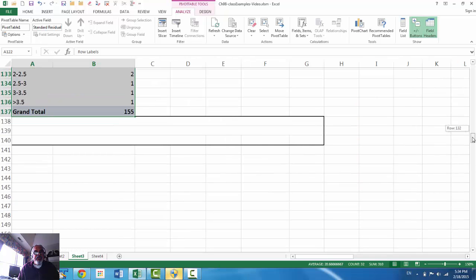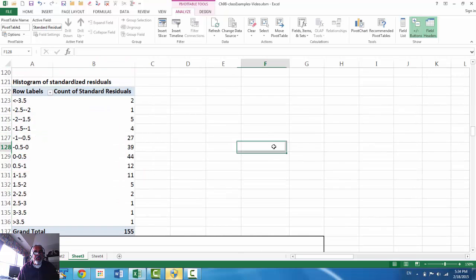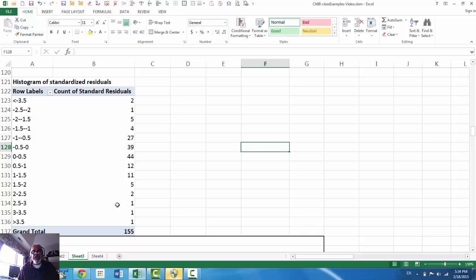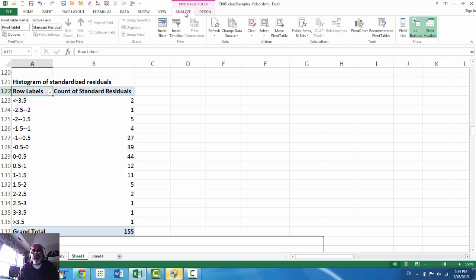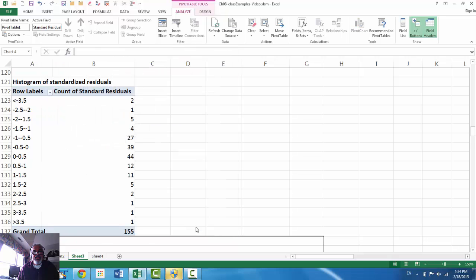So now we have the frequency distribution. Now what we want is a histogram. Select the pivot table, go to Analyze, go to PivotChart, and you have the bar chart already selected. Let's just accept that.